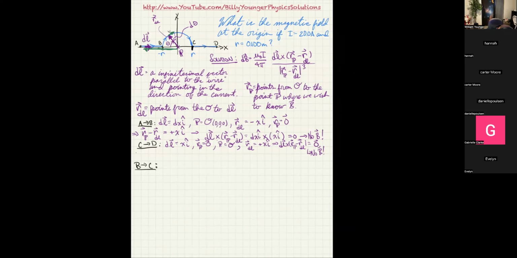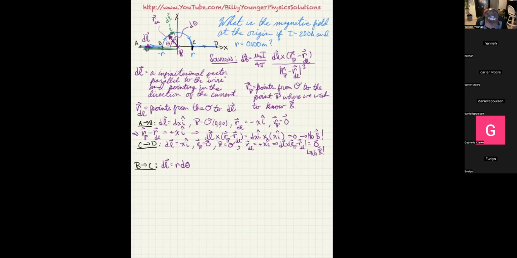So this little green vector here, I should probably point that arrow in green, so I'll do that. This little guy is the DL vector, and I'm going to tell you that DL is actually equal to R d theta. That's just from our famous equation from trigonometry, S equals R times theta.